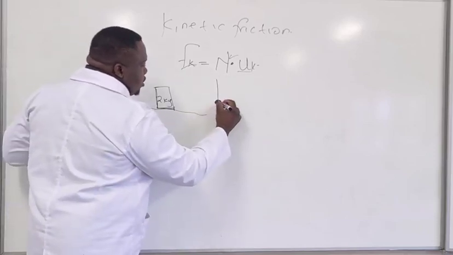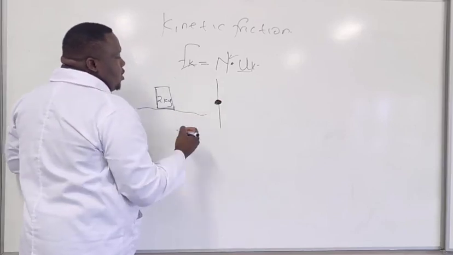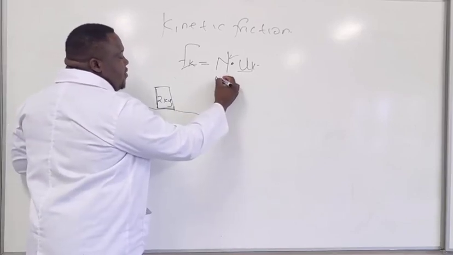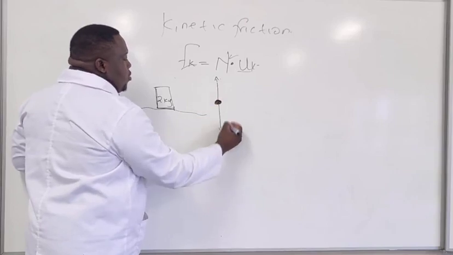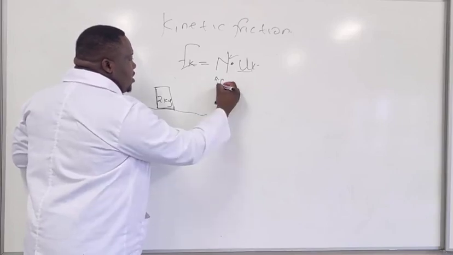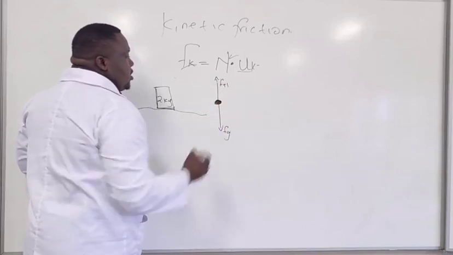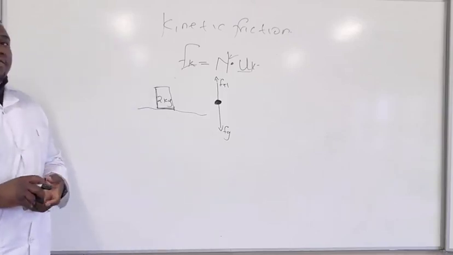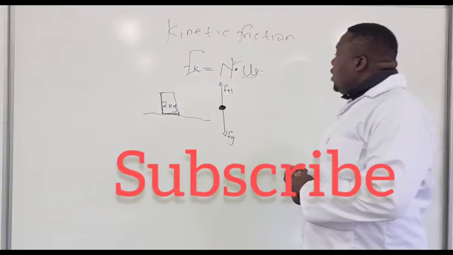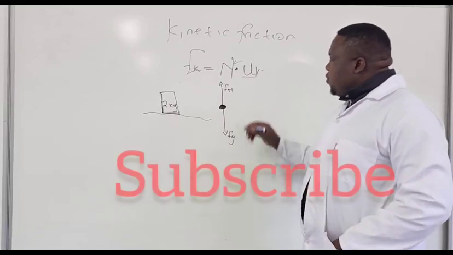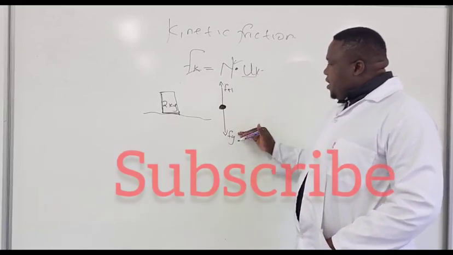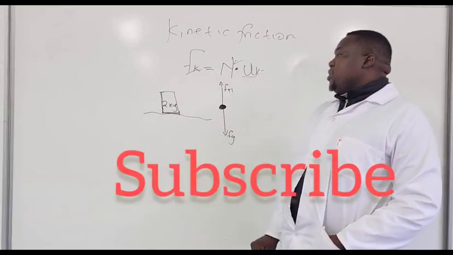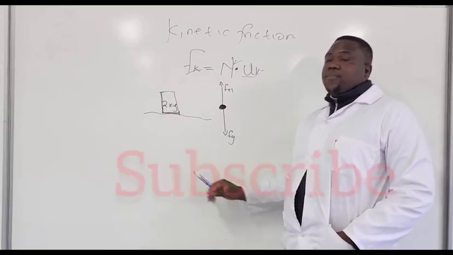Then on this straight line we're going to have normal force pointing up, and gravitational force pointing down. Can you see that? So the normal force and the gravitational force. This is the free body diagram for this 2 kg.